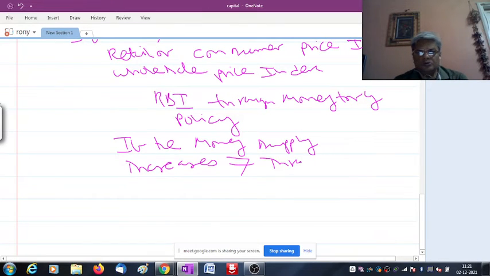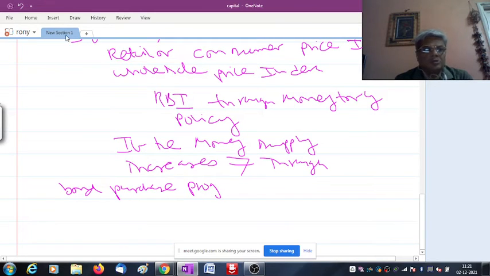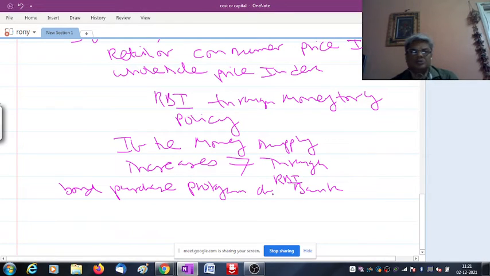Through bond purchase program of the bank. What happens? Bank means RBI. What happens?